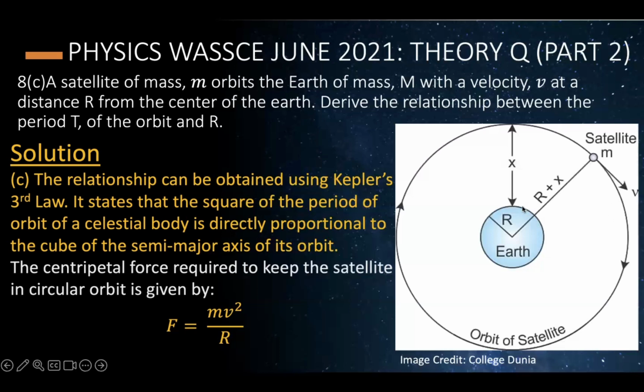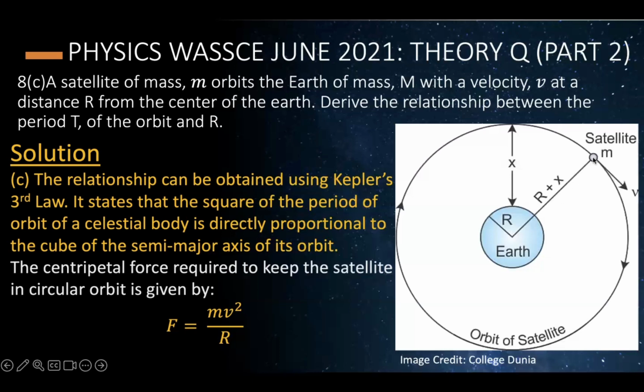So you see the additional distance to the surface, so that gives you the height above which the satellite is. So that means now that if I want to get the entire radius, it will now be the addition of the radius of the Earth plus that X. So that gives me the entire distance from the center of the Earth to the satellite.